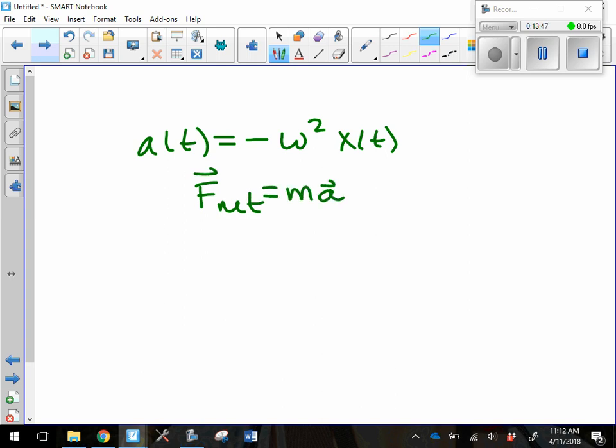So my a is going to be negative omega squared times x, or F is equal to negative m omega squared x.